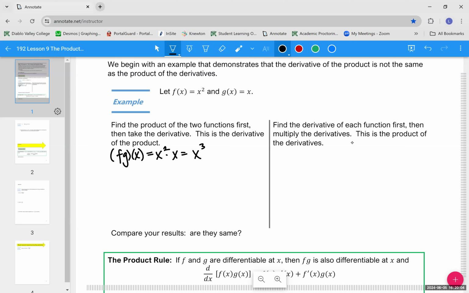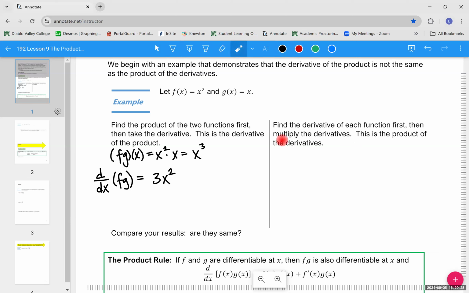And then we're going to take the derivative of this product. The derivative with respect to x of f times g would be, well, just use our power rule, 3x squared. So this is the derivative of the product function.